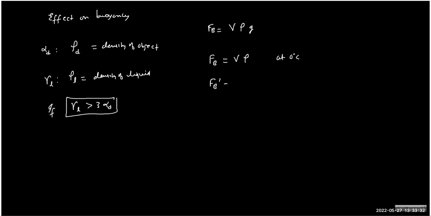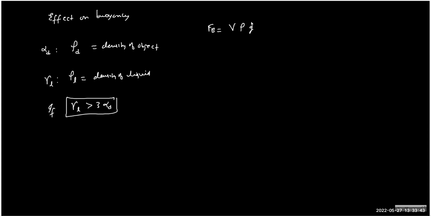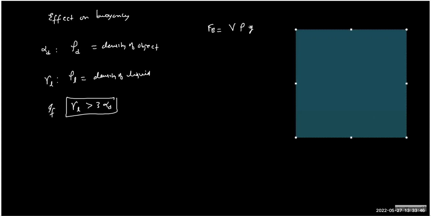So I'll draw the diagram first. This is the liquid, and we have the object somewhere. And therefore, this is the volume V, and this is rho.